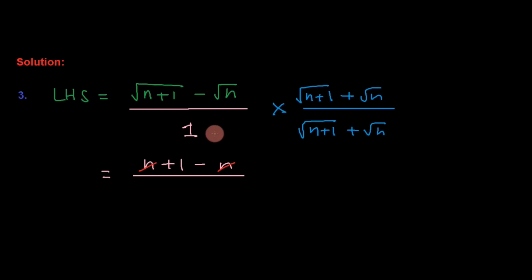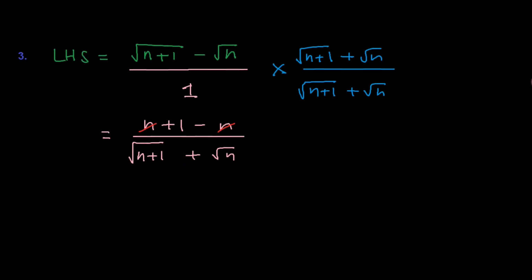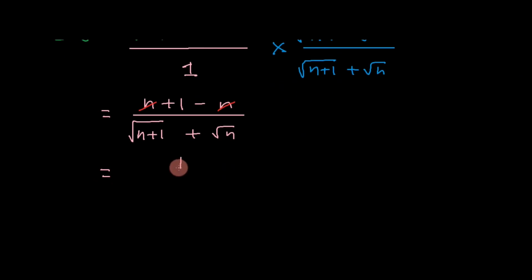And then multiplying out the denominators, 1 times the denominator here will give us the square root of n plus 1 plus the square root of n. So this is 1 over the square root of n plus 1 plus the square root of n.